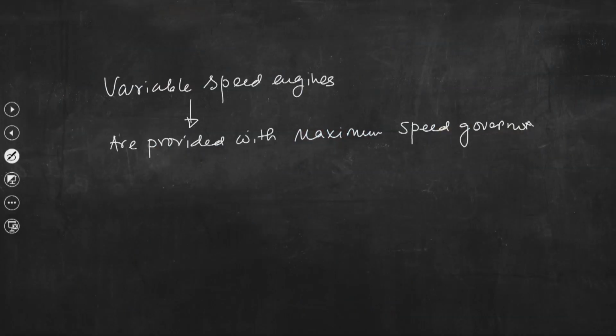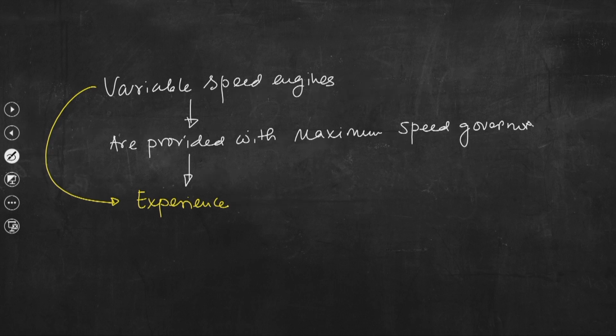Since these are variable speed engines, you can understand that typically they experience a problematic issue. Variable speed means speed can go even up to a higher level. So, when speed becomes very high, then we need to prevent the racing of the car or of the engine, right.